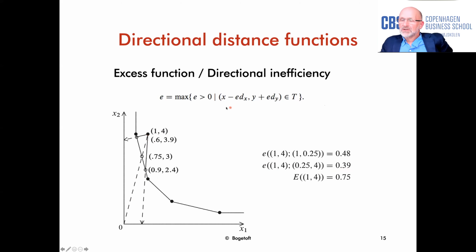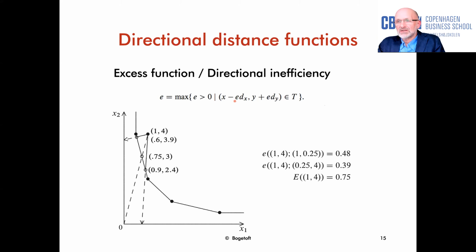But what is important to notice is that to use this measure, you basically have to decide upfront or by some other means in which direction you are interested in moving. And it's also important to understand that this is an additive measure. Farrell was a multiplicative measure.